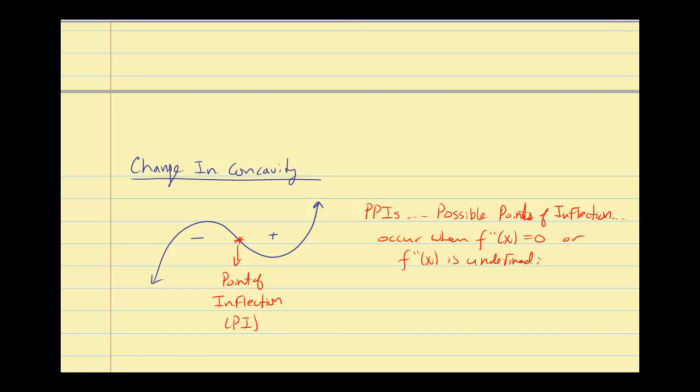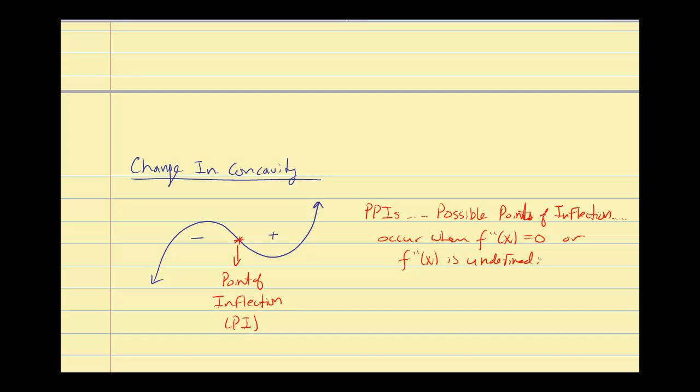So instead of finding critical numbers for your first derivative, you take your second derivative and find those critical numbers the same way, except now we call them possible points of inflection because they are a possible point where I can change from negative to positive concavity or from positive to negative concavity.